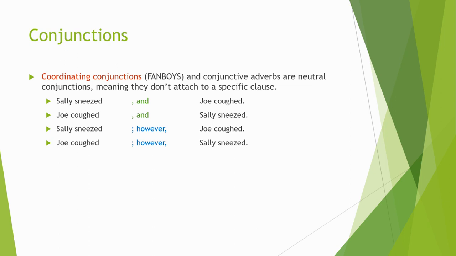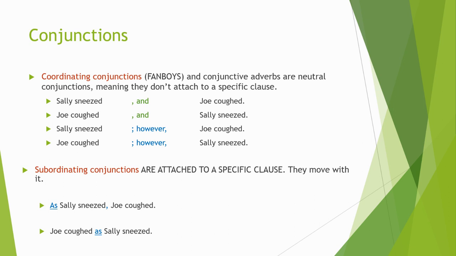When it comes to subordinating conjunctions, they're different. Subordinating conjunctions are attached to a specific clause. They move with it. So, for example, as Sally sneezed, Joe coughed. If we want to move that around, we can do that, but the subordinating conjunction moves too. Joe coughed as Sally sneezed.